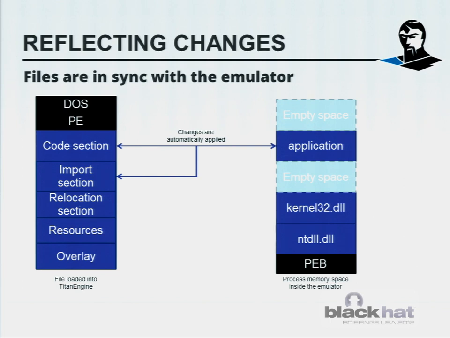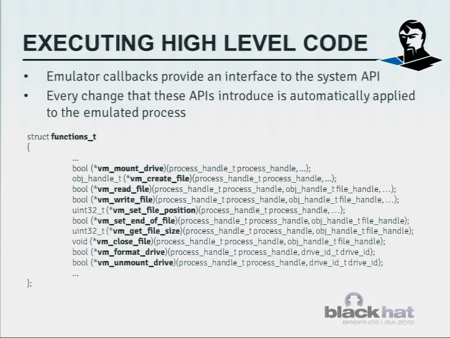And that's fine because viruses cannot escape from the emulated environment because the files they're infecting are still in memory. They don't exist for real until you decide to save them. And you can decide to save them at any given point. So everything that happens in the emulator reflects the file you're currently working on, and that is something we will be using to this effect in the next virus.